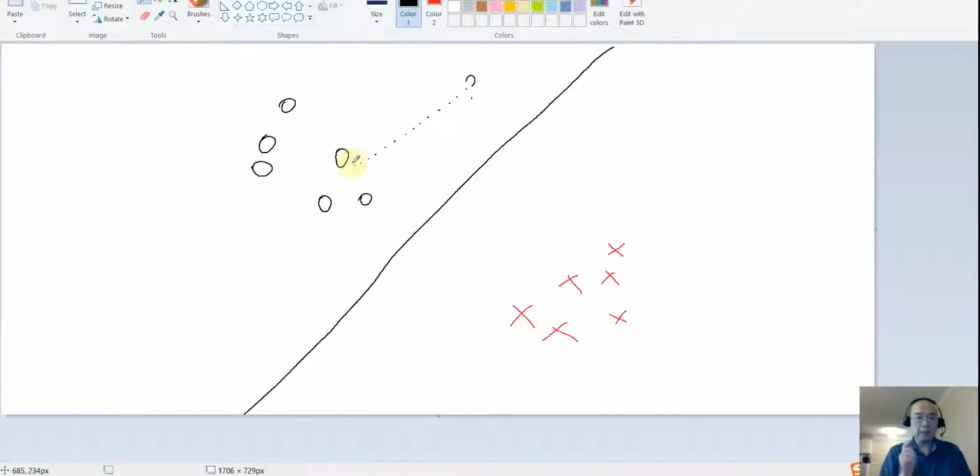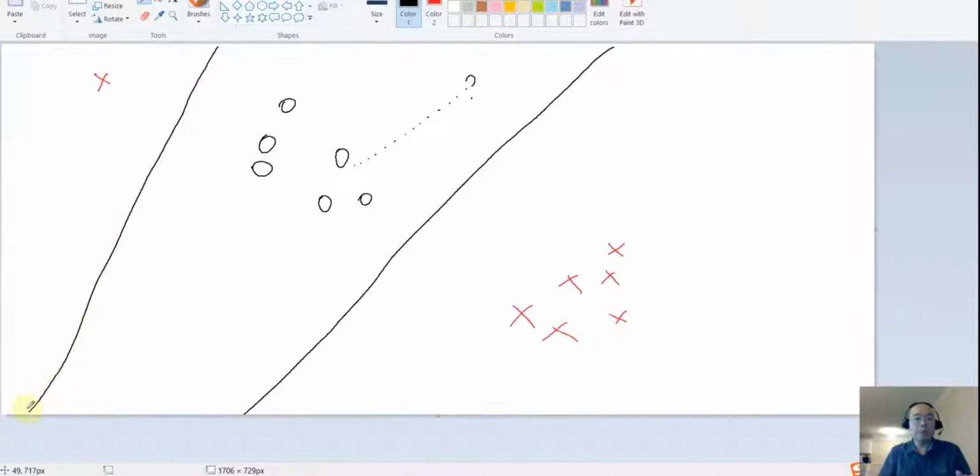And let me give you a weird case. Say I have a red sample here, and this red sample is probably just a noise. If we do one nearest neighbor, what is going to happen? Now we are going to draw another line for the decision boundary. Another line is likely to be here.